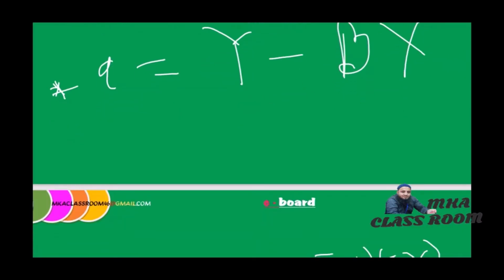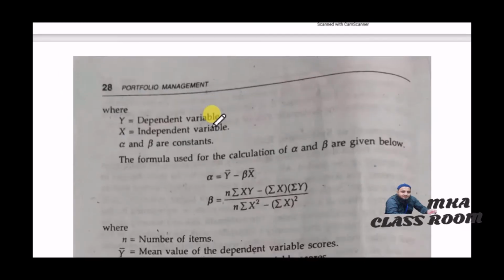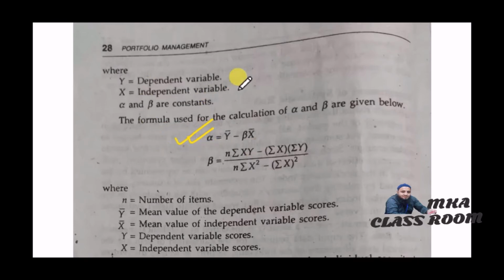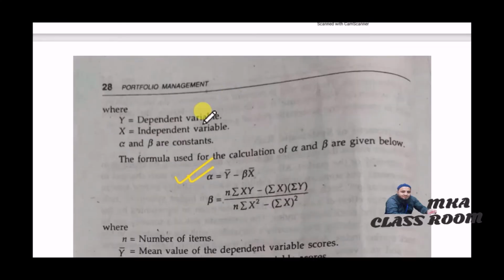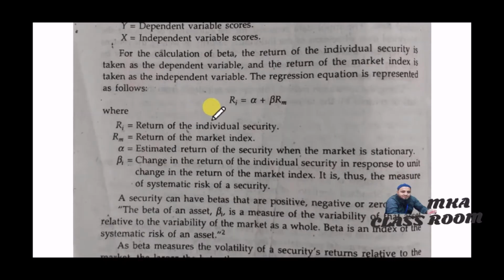So now we will see our materials. Yes, here is our method. In the previous pages there is the equation, and here is the beta formula, which we have learned here, and these are actually our capital asset pricing model things.